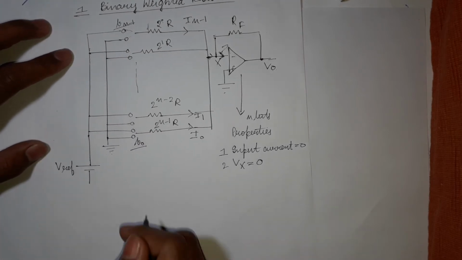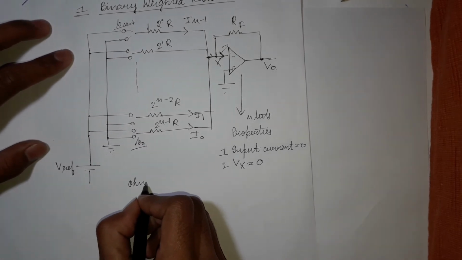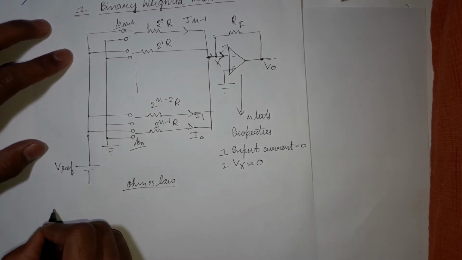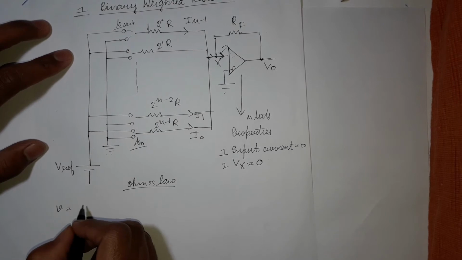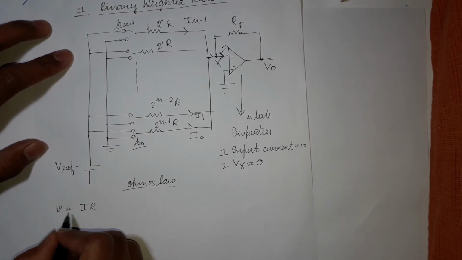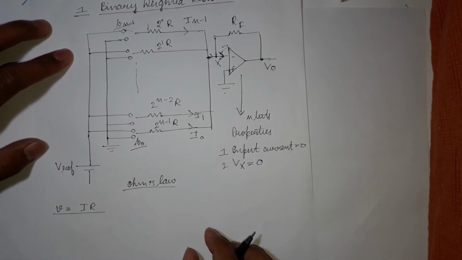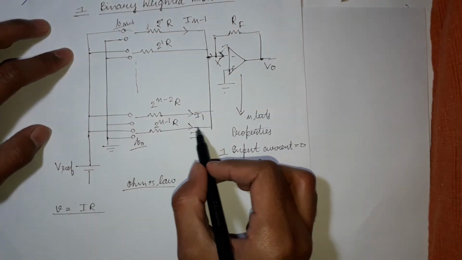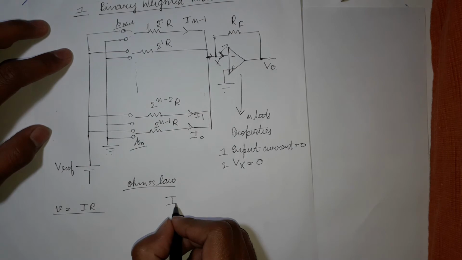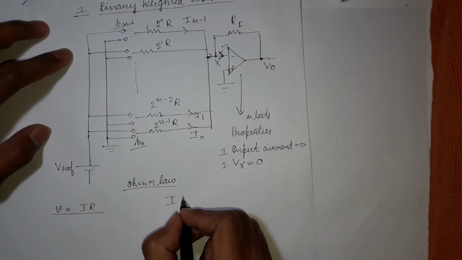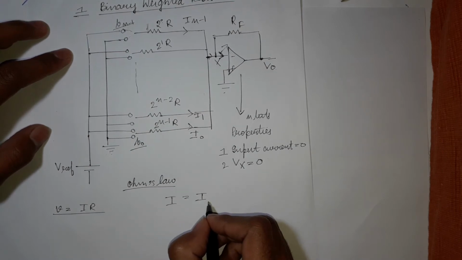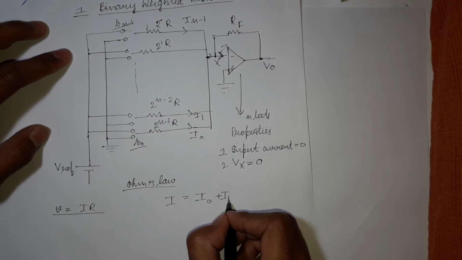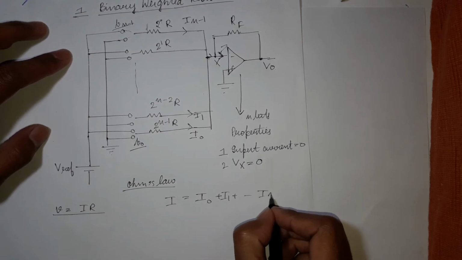Now we know by using Ohm's law we have V is equal to I times R. Alright, now first of all we need to sum all these currents, that is the total current I is equal to I0 plus I1 plus and so on till I n minus 1.